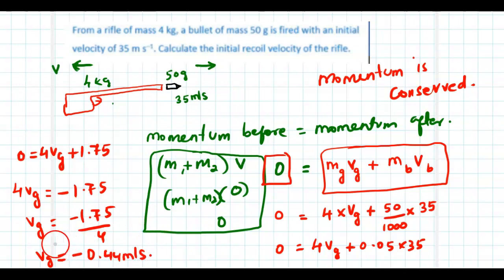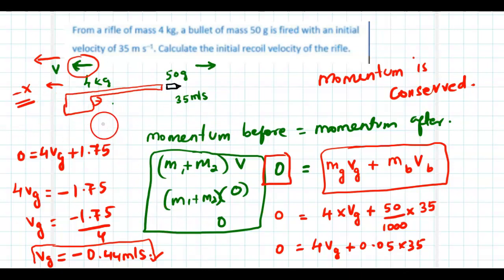Here the gun velocity is negative because the object is moving to the left, the negative x direction, so our answer is correct. Our prediction is correct. The backward movement must be less, right? Because the mass of the gun is greater, the velocity should be less.